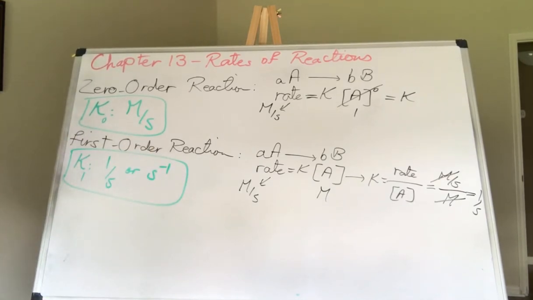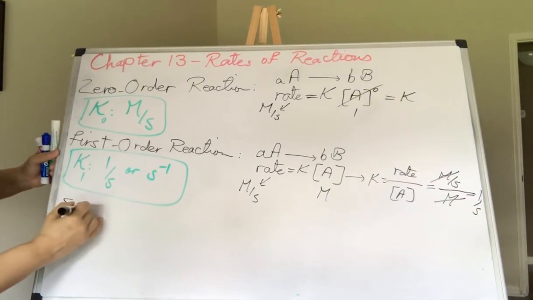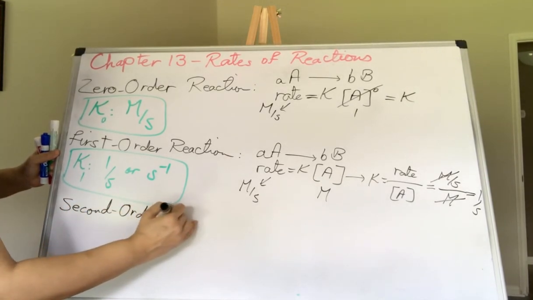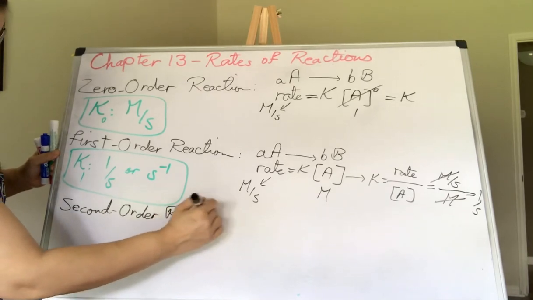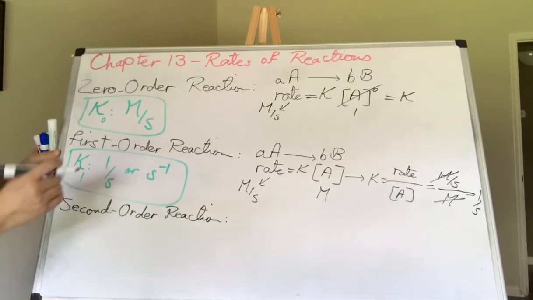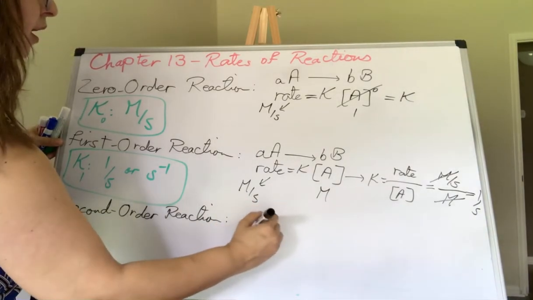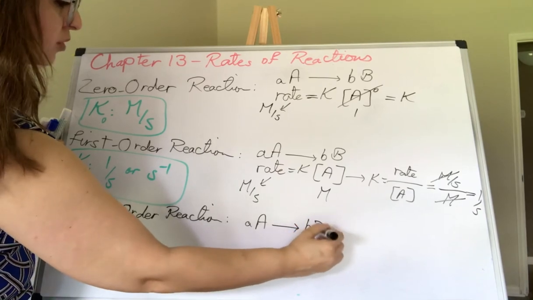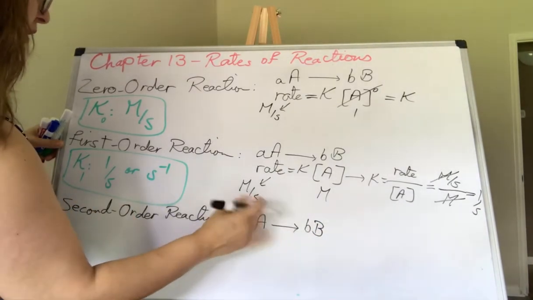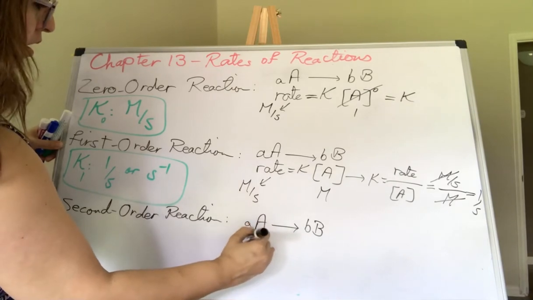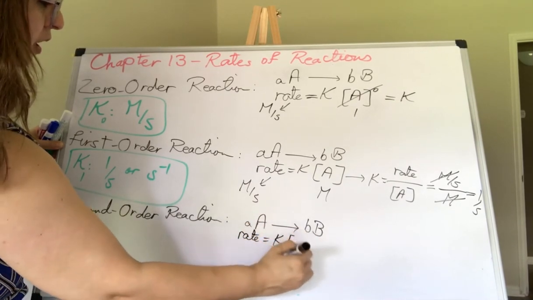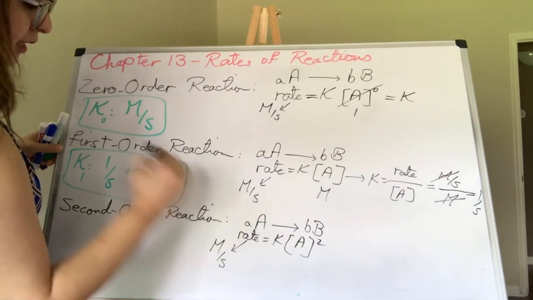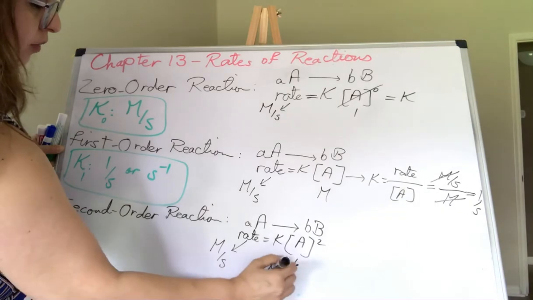All right. And for a second order reaction, let's say you have again, or you can have 2 different reactants and just follow the same format. Let's say you have K A squared. Molar per second again is the unit, and here you have molar square, right?